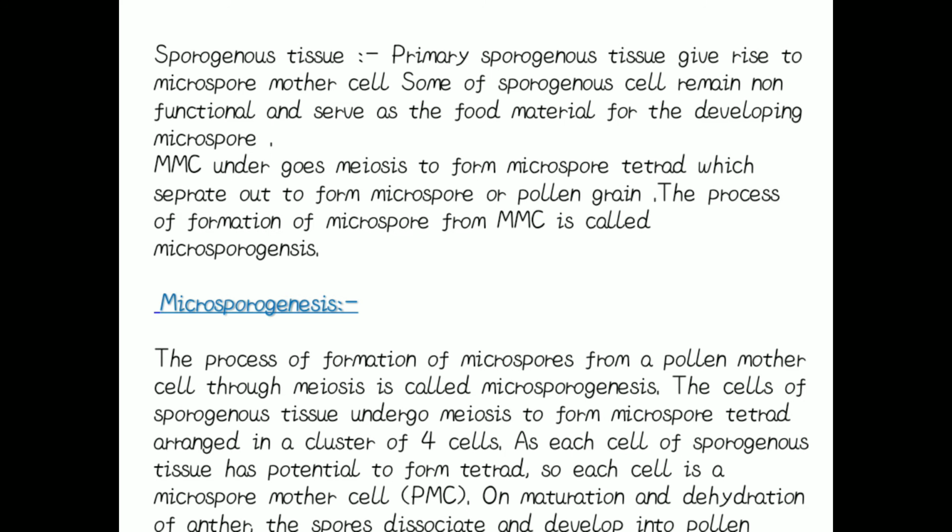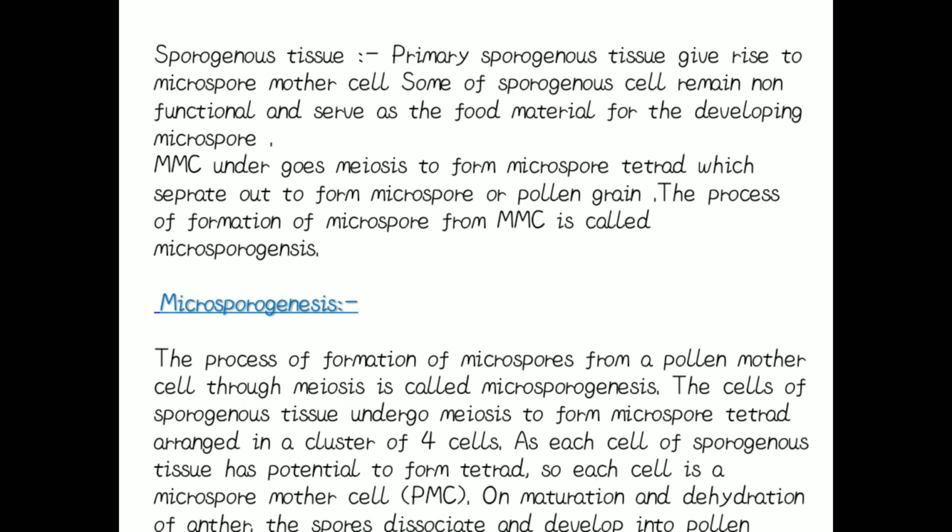Primary sporogenous tissue gives rise to the microspore mother cells. Some sporogenous cells remain non-functional and serve as food material for developing microspores. Microspore mother cell undergoes meiosis to form the microspore tetrad, which separates to form the microspores or pollen grains.